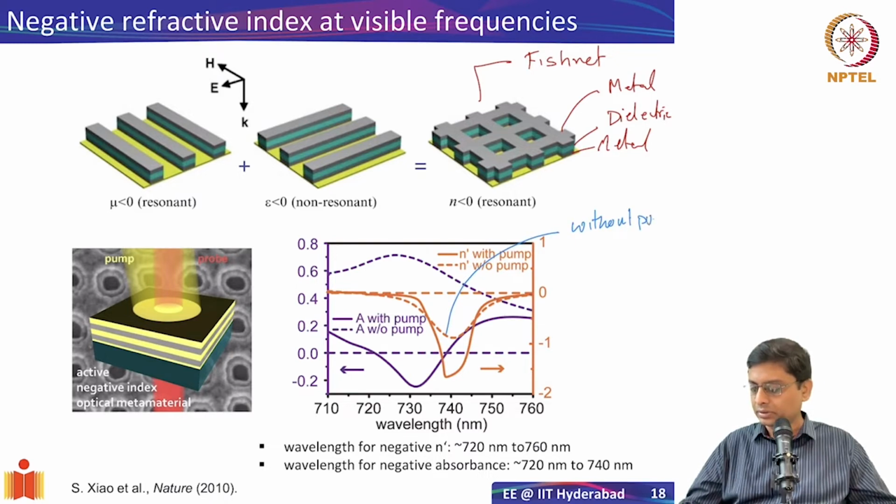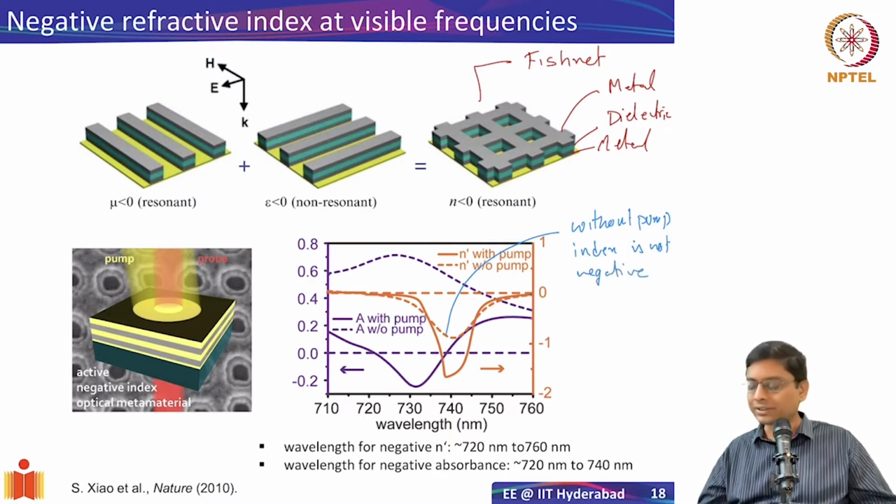Without pump, index is not negative. The big problem there is the loss. The loss was high, so you're not getting negative index. But if you pump it, you see here in the small frequency range, index is negative.